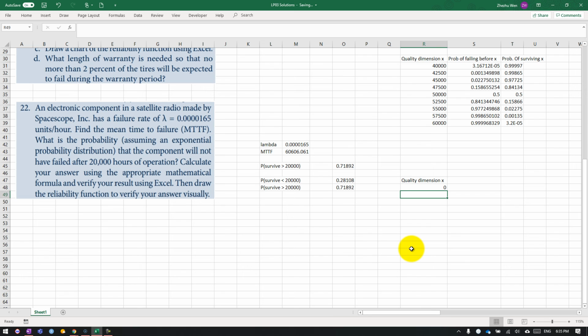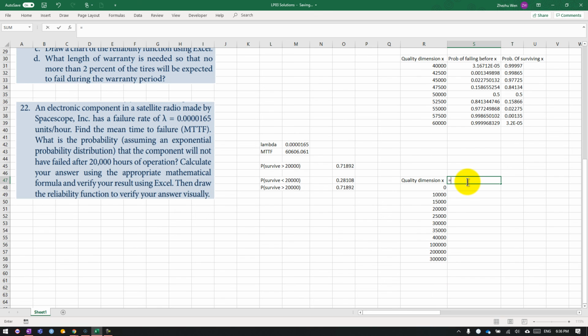So I'm going to do 5,000 increments here, and then 100,000 increments after that point, because Excel can help us smooth the curve, so it shouldn't be too big of a problem.